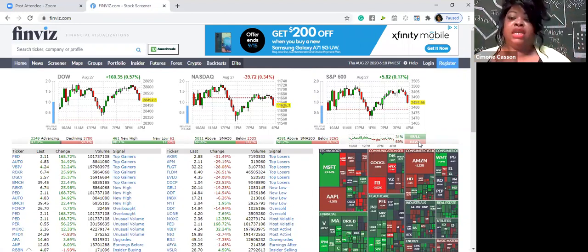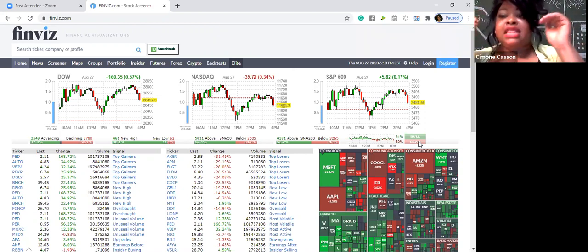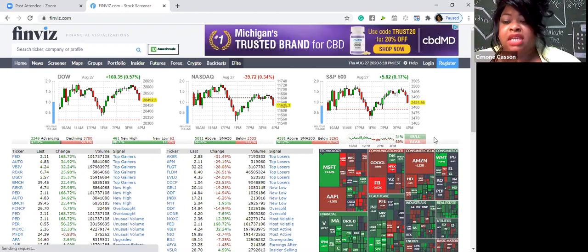A lot of people hold it. Usually at that point there would be what we consider a sell-off, and individuals will be selling their stocks at that point.